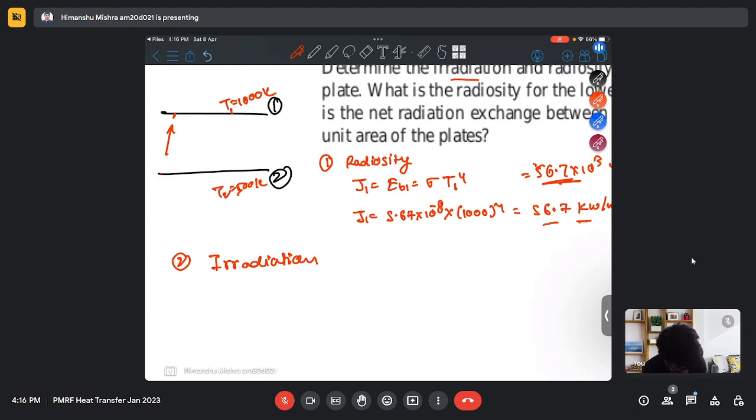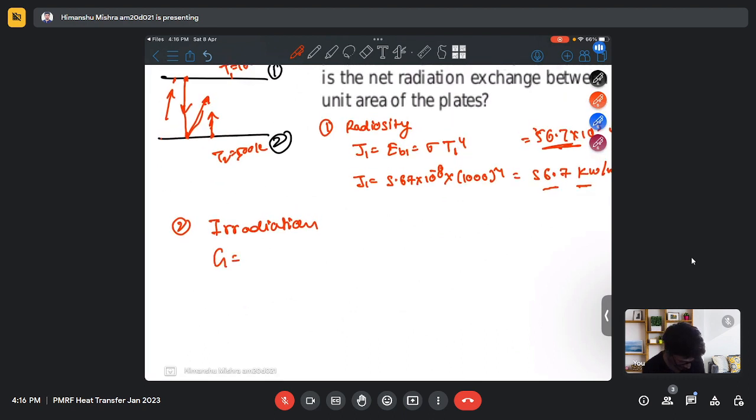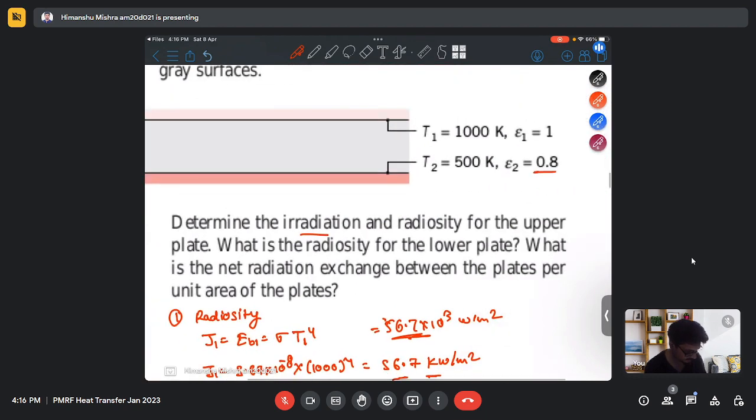There will be some radiation emitted from surface 2 to surface 1, some radiation emitted from surface 1 to surface 2, and there will be a reflection from surface 2 to surface 1. So the irradiation contains two parts. First is the radiation coming from surface 2, which is this. Since surface 2 is not a black body, the emissivity is 0.8.